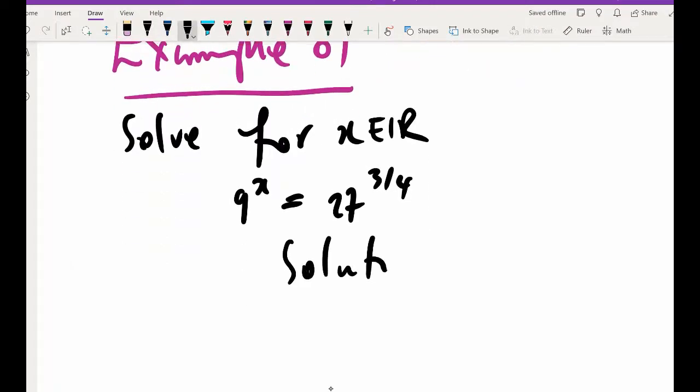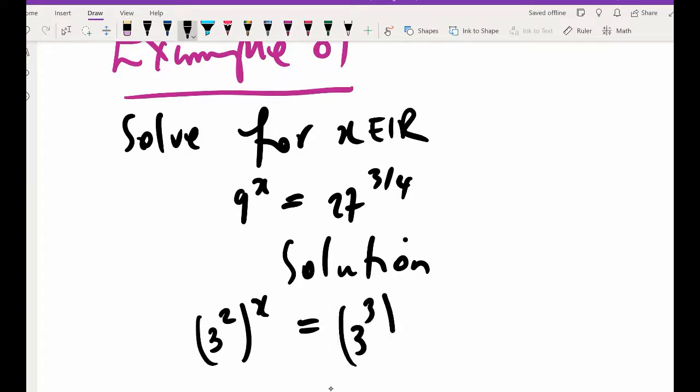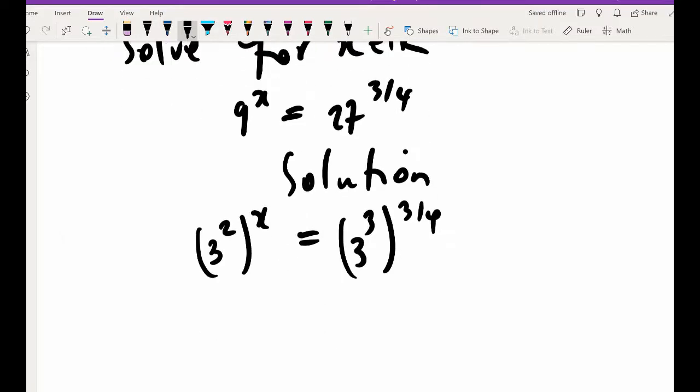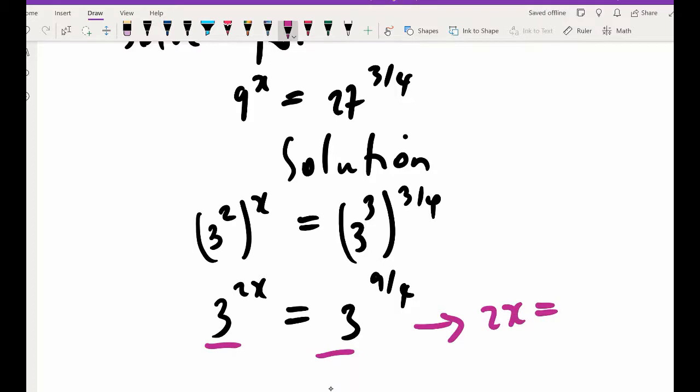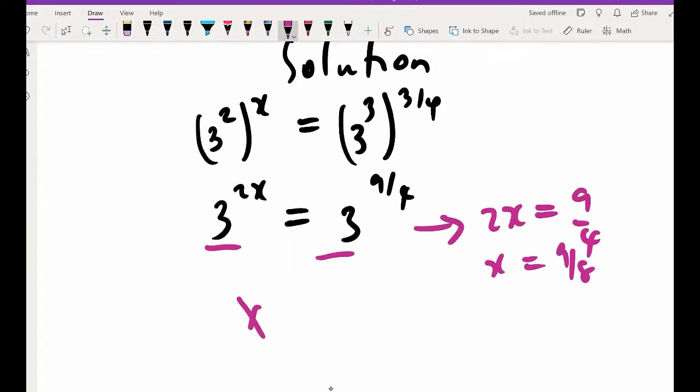Solution: we know that 9^x can be expressed as (3^2)^x equals 3^(9/4). So 3^(2x) equals 3^(9/4). Since the bases are the same, it means we are going to compare exponents. So 2x equals 9/4, so x equals 9/8. So the value of x is 9/8, dear friend.